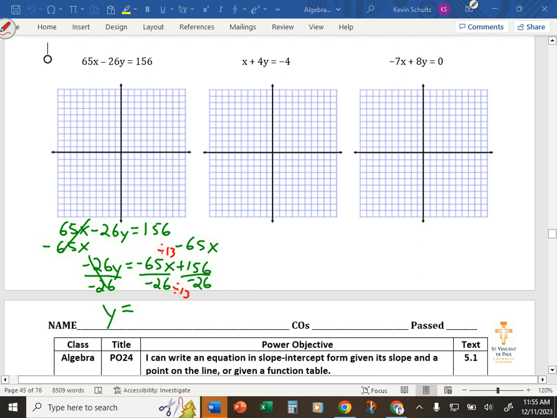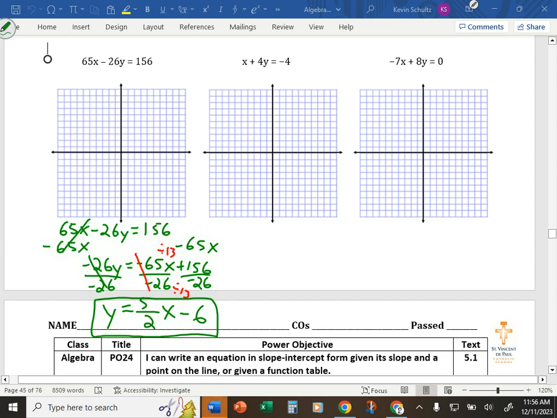So the negative signs cancel out. And then 65 divided by 13 is 5. 26 divided by 13 is 2. So you end up with the slope 5 halves x. And then 156 divided by negative 26 is a negative 6. So y equals 5 halves x minus 6 is what you're actually graphing.